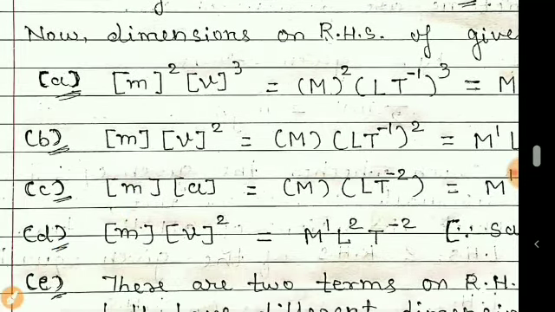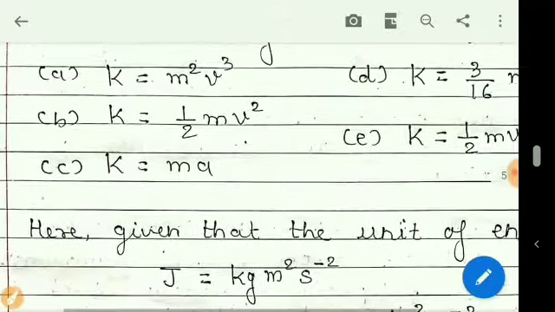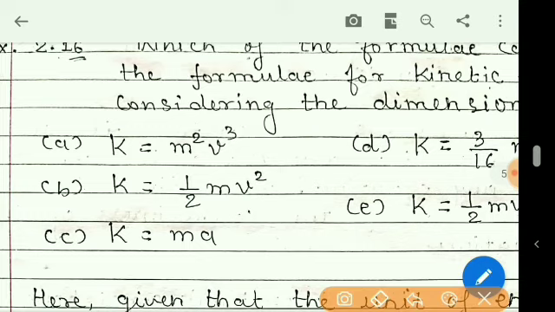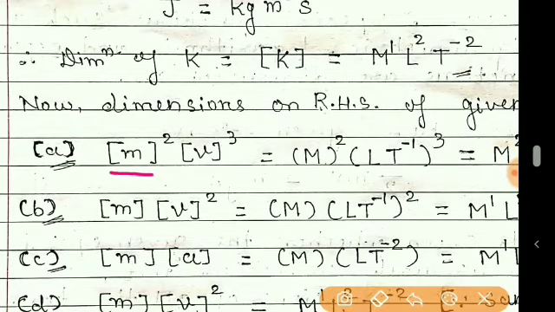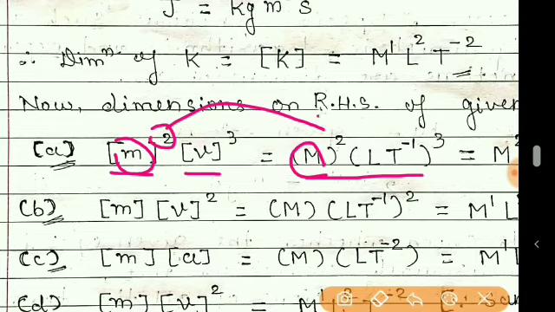Now given first one, m square v raised to 3. So the dimension for that is mass. Symbol is M, there is square, so here it is square. Velocity is distance upon time.